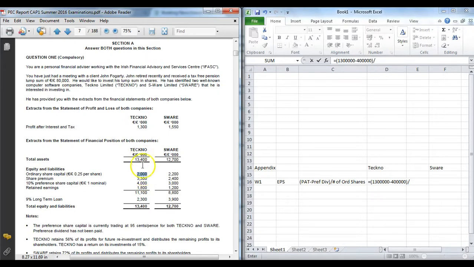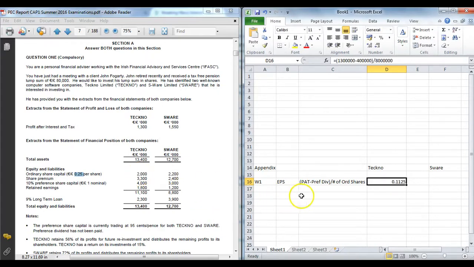That means they have 2 million ordinary share capital in euros. The number of shares will be dictated by how much each share is worth. If each share is only worth 25 cents, that means you have 8 million shares, because 8 million shares at 25 cents each equals 2 million euro of share capital.